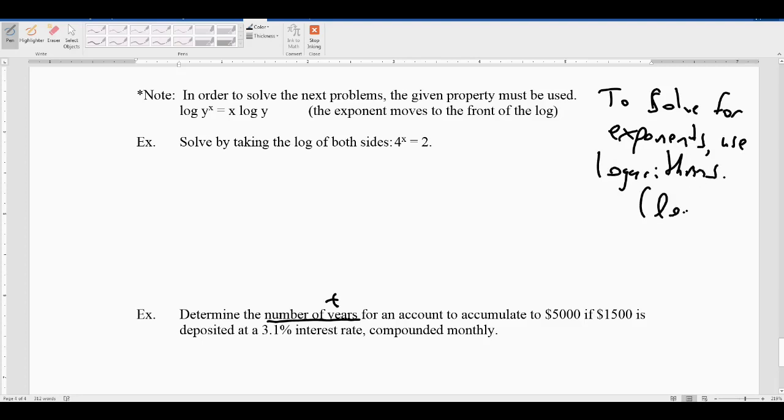Log for short. And so what we have here is an example on how to do that. So we're going to solve 4 to the x equals 2. That's the equation. We've got to solve for x.